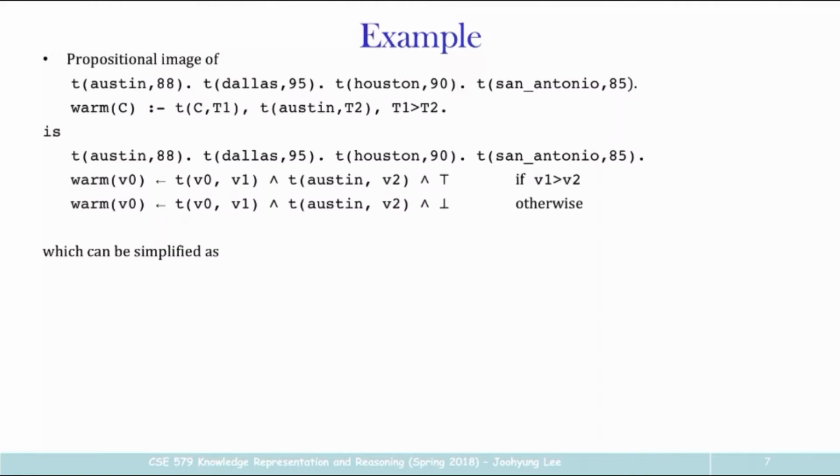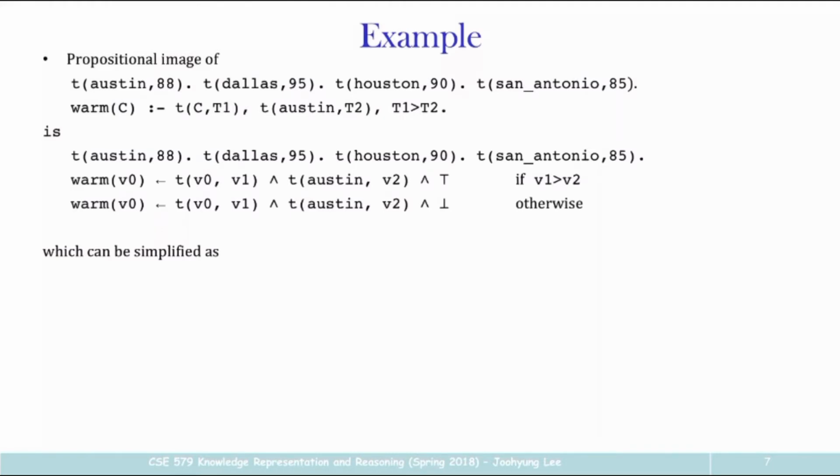Note here that Phoenix is not even mentioned in the program, but it is actually okay. In fact, V0 can be 4, V1 can be 5. It could even be Austin, and V2 could be 3, since Austin is greater than 3 according to the Clingo language.